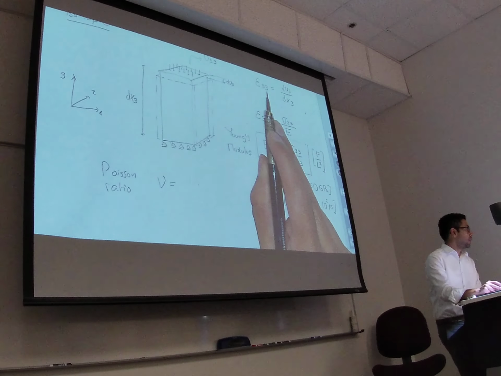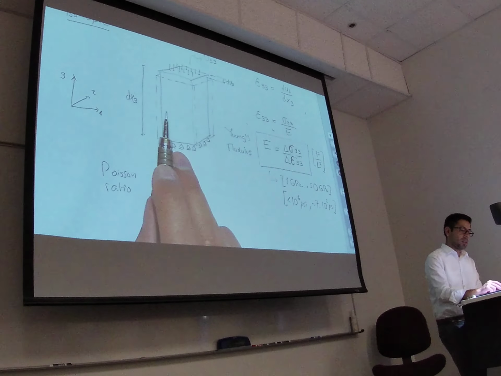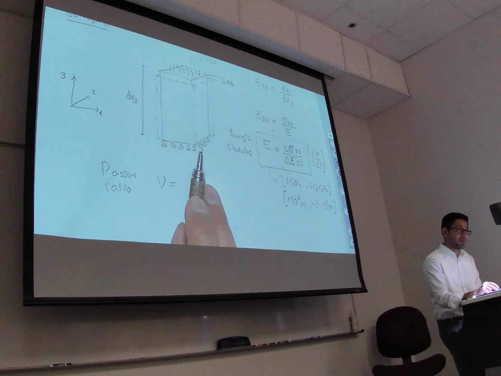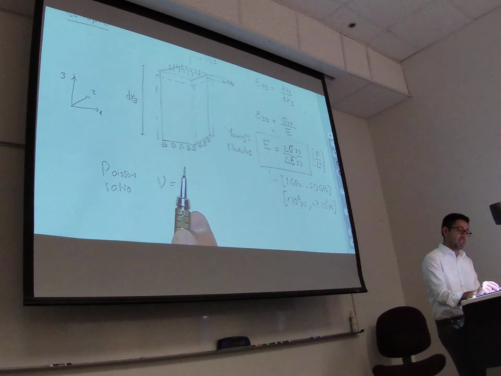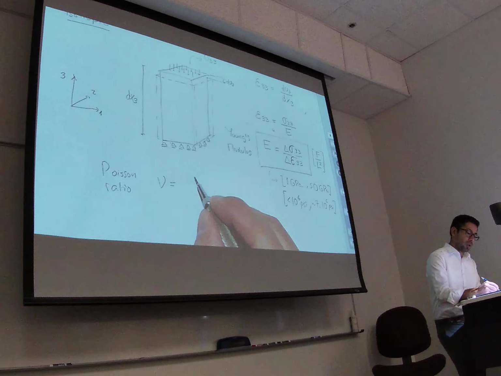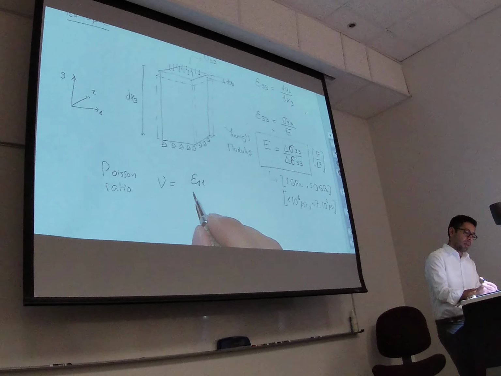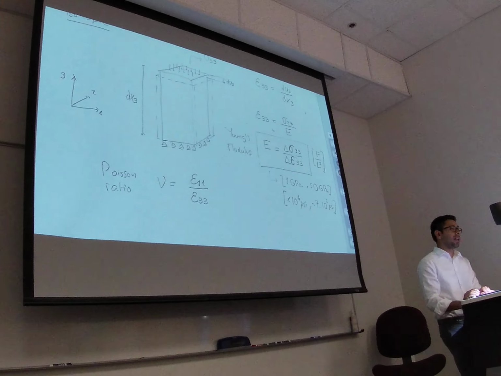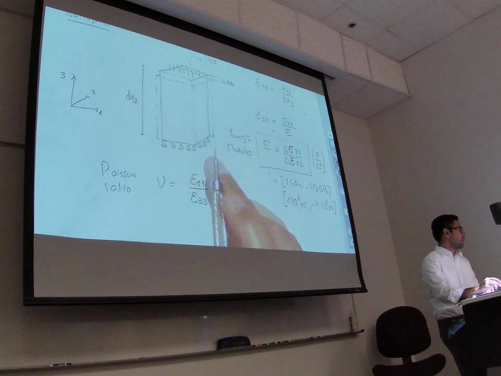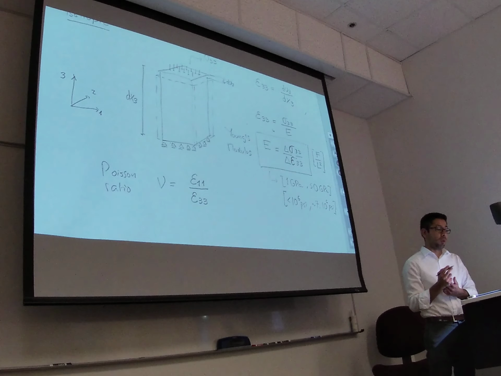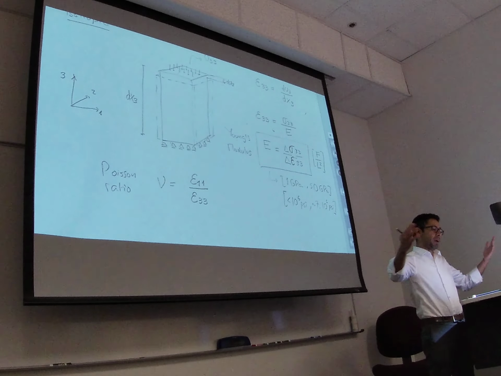So remember, this was strain direction 3. The same way, the change of displacement in direction 1 divided by the original length in direction 1 is going to give me a strain in direction 1 divided by the strain in direction 3, always for this type of test in which I apply stress in one direction and I let it expand in the other direction.